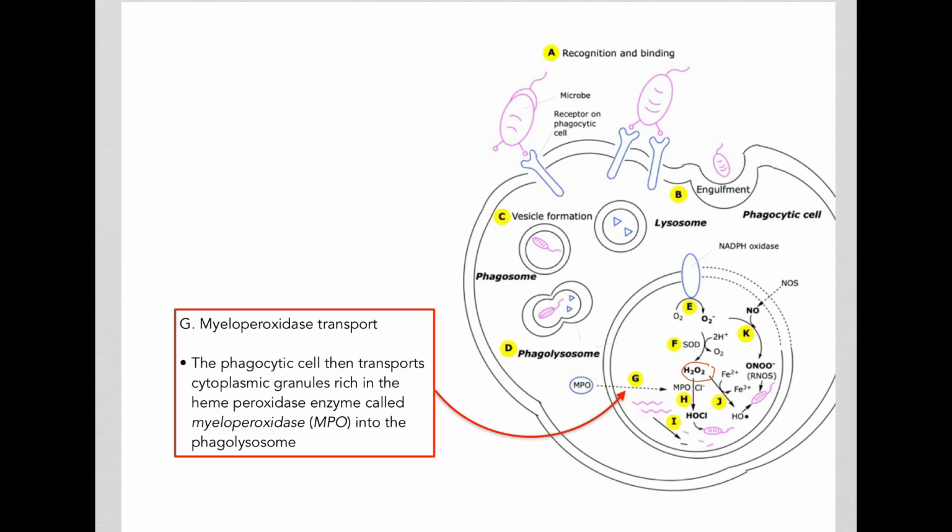The phagocyte, the cell, will also transport the cytoplasmic granules rich in the heme peroxidase enzyme called myeloperoxidase, MPO. So MPO is transported from the cytoplasm into the phagolysosome cavity.